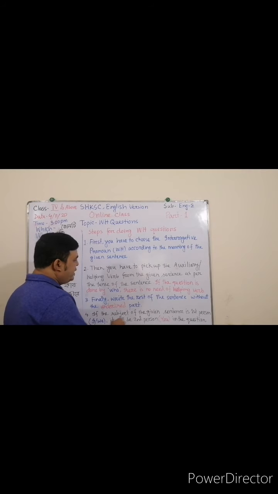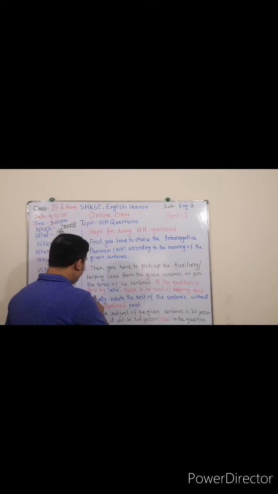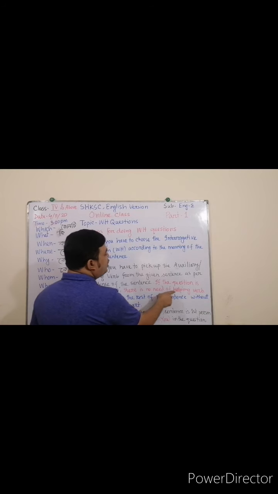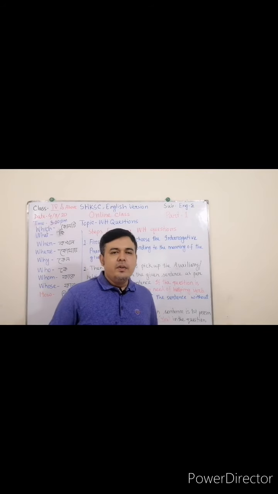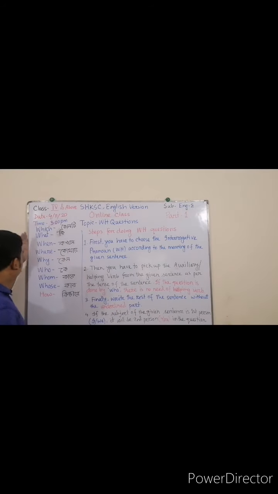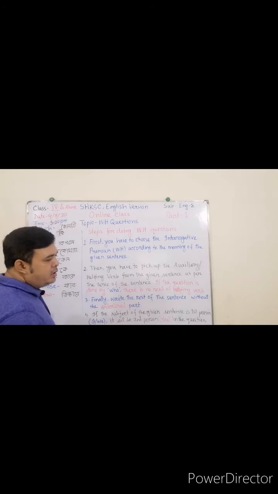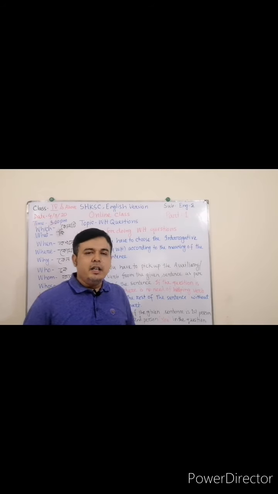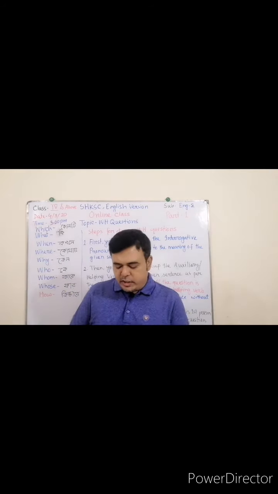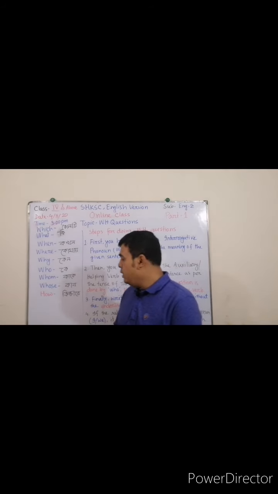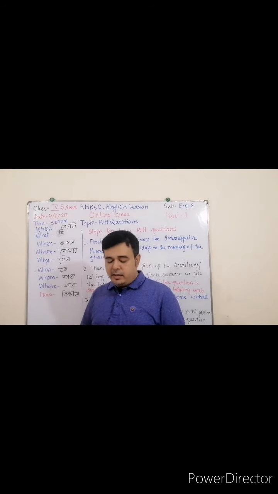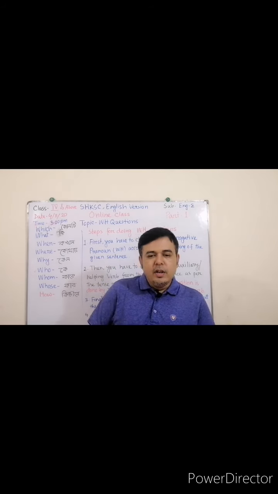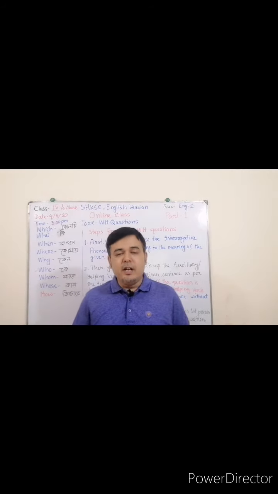Listen, here I have written: if the question is made with who, there is no need of a helping verb. Very important issue. If there is 8W1H, among these 9, if you make the question with who, then there is no need of an auxiliary verb.